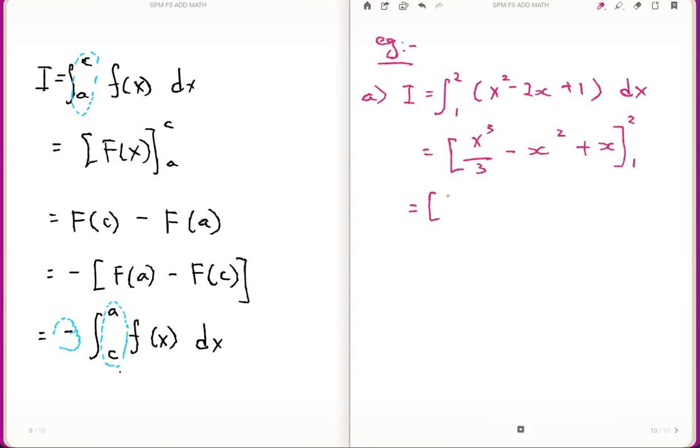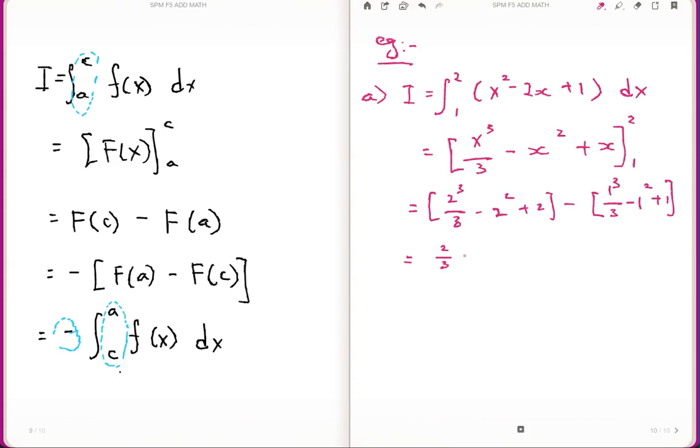That would be 2 cubed over 3 minus 2 squared plus 2, minus top 1 subtract lower 1, would be 1 cubed over 3 minus 1 squared plus 1. Press enter, you should get the answer.